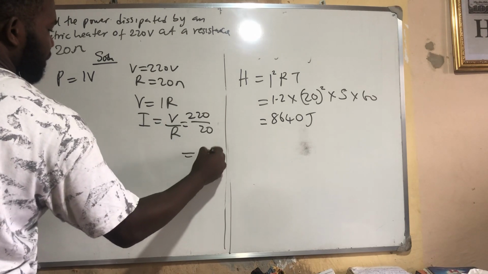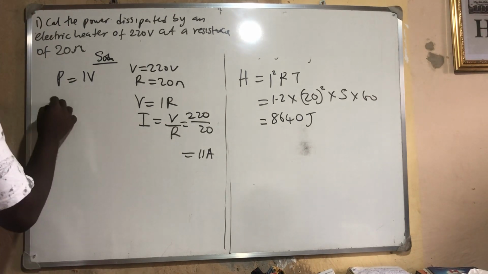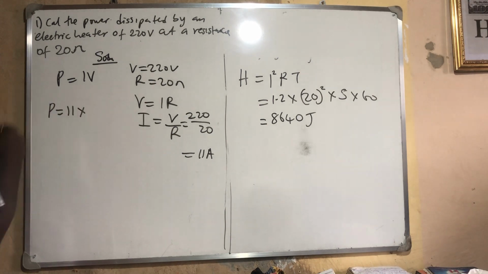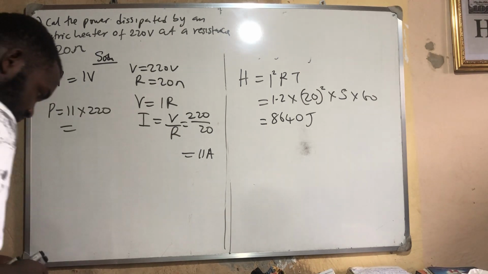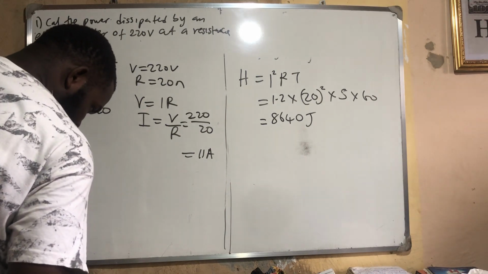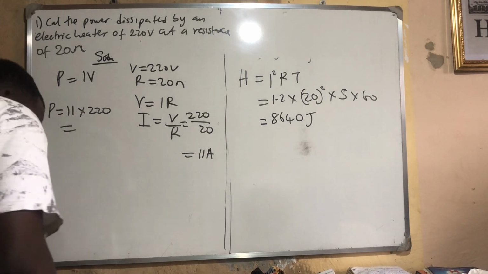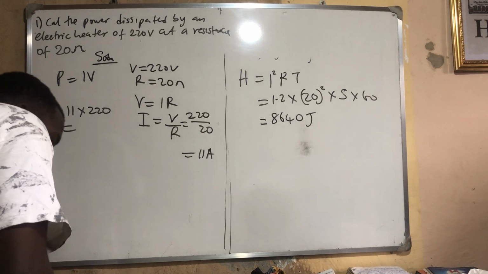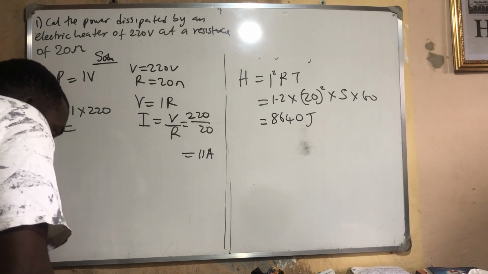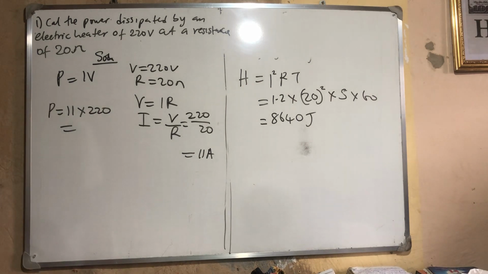So I have 11 ampere. Now my power is equal to 11 times 220, which will give you 2420 watts.